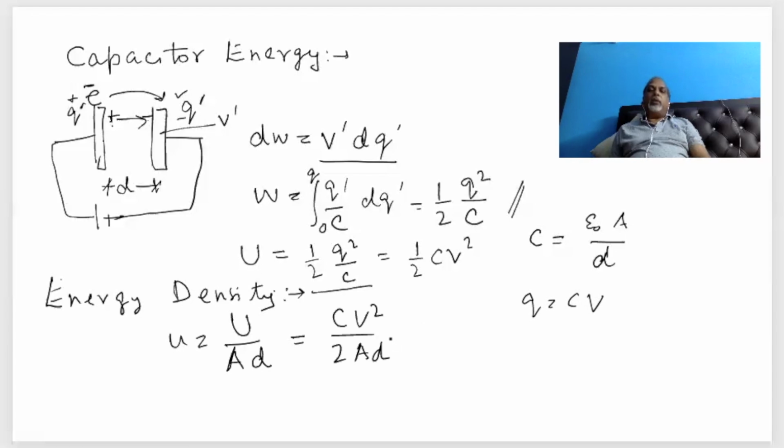So if we put the value of C here, then what will we get? We will get half epsilon 0 V upon D whole squared, and V upon D is nothing but your electric field.